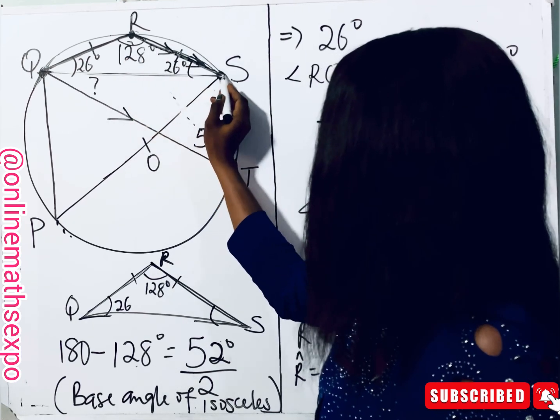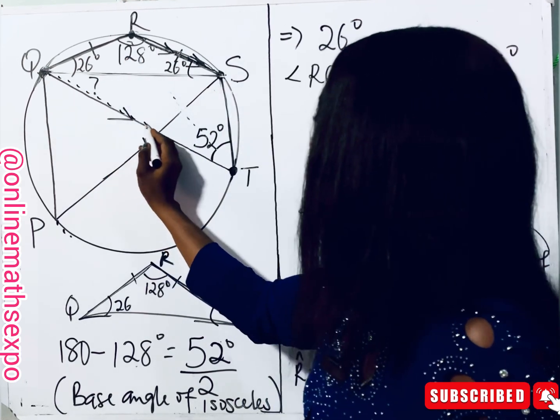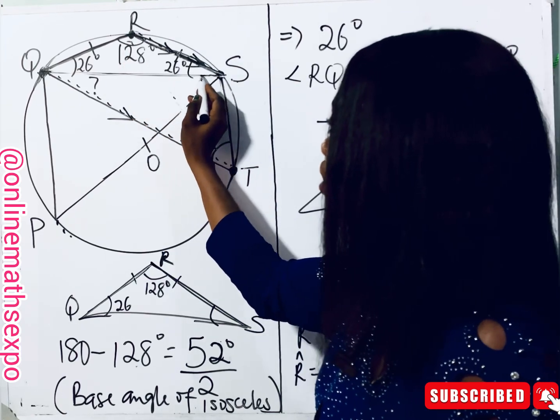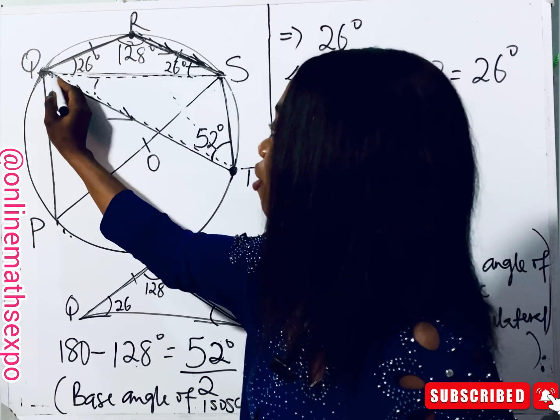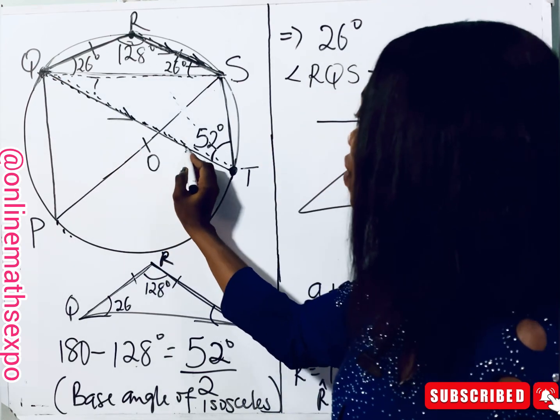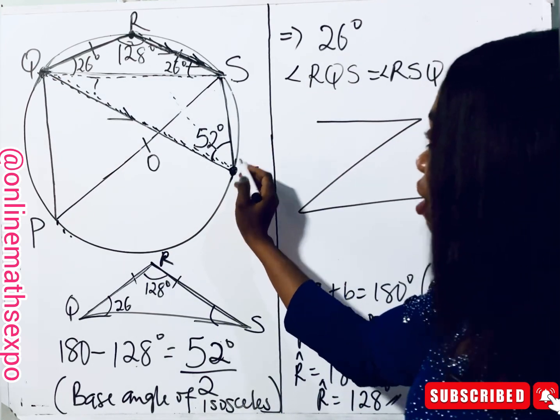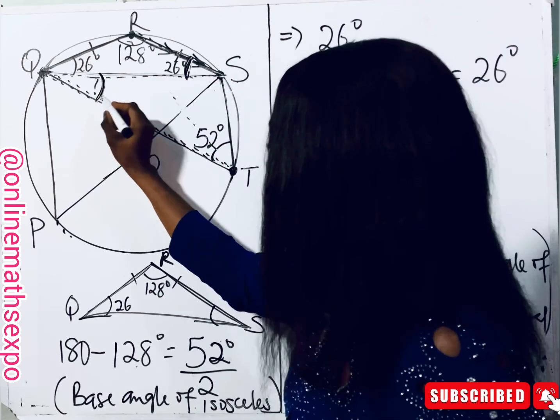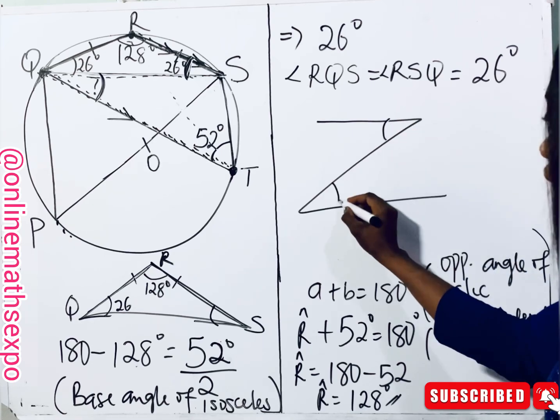Did you see this line is parallel with this line? We can easily form a Z angle there. Do you see we are forming a Z angle? The angles are equal, and we say they are alternate angles.